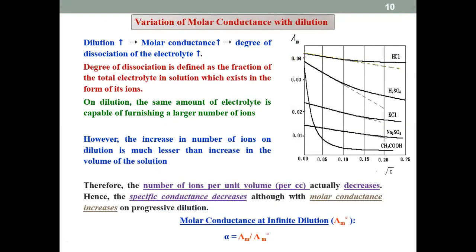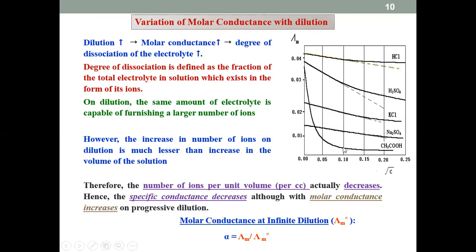Okay, so how does molar conductance vary with dilution, right? If we dilute a substance, what happens to the conductance? Shown here on this graph, we have plotted molar conductance on the y-axis, and on the x-axis is the square root of the concentration. As you can see, as the concentration decreases to the left, let's discuss the acetic acid first.